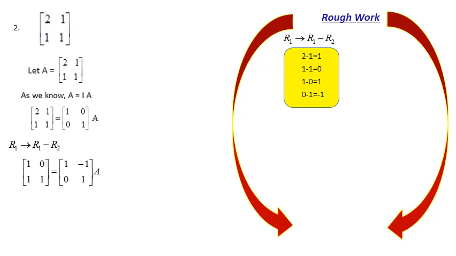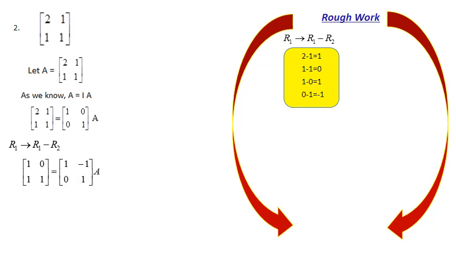Substitute the values again. This 2 1 is changed to 1 0. You can see 1 0 will come here. R2 remains the same, that is 1 1, equal to here 1 0 is changed as 1 and minus 1. So we have substituted 1 and minus 1.